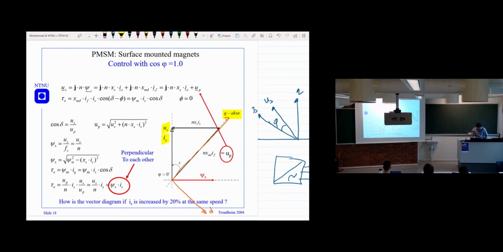This is the magnetic flux. Only this part, not the N. So we have this magnetic flux here, psi m, and this vector is always placed in the Q axis. And this vector here is 90 degrees with respect to the stator current, stator voltage.